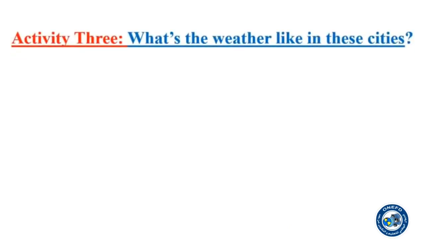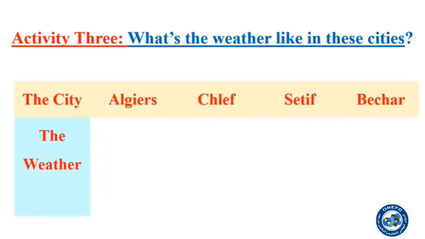Let's see together activity number 3, another very easy activity. What's the weather like in these cities? We are going to have a chart. In this chart, we have the city and we have the weather.